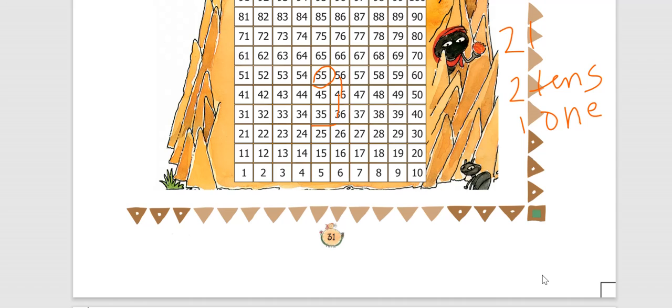So we have to add a 1. So take one step to your right. We come to 56. 2 steps up is 20 and 1 step right is plus 1. So we added 21. So that means if we start at 56 and take 21 steps down, we come down to 35. Let's look at it backwards.